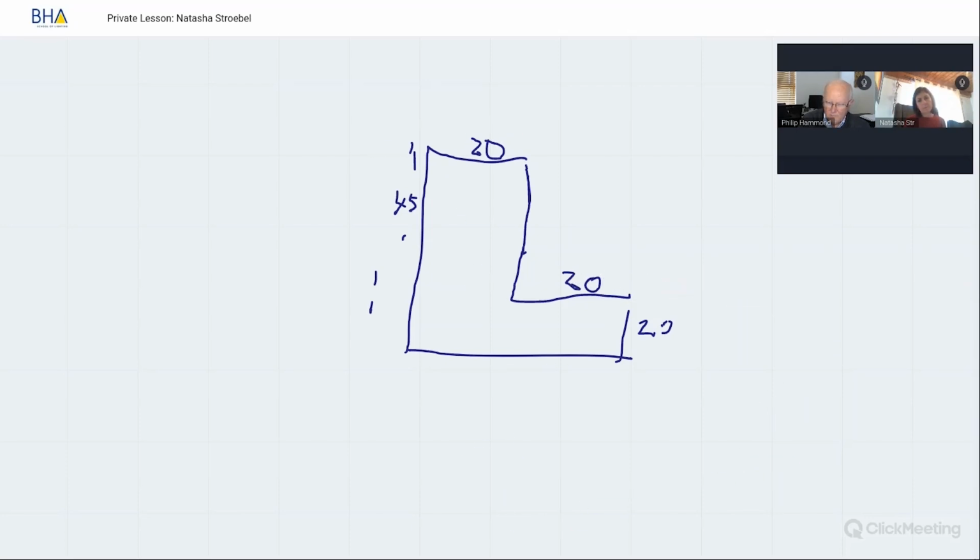How would you work this out? Because you know that the length to width ratio may not exceed 1.66 to 1.